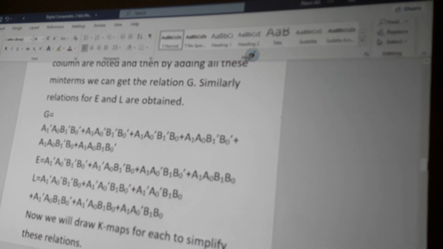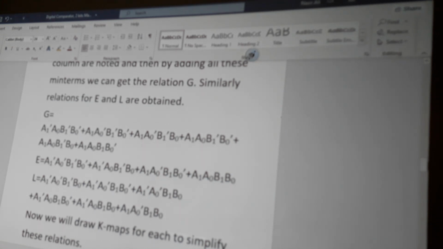Then we will write relations for G, E, L. If we want to write the relation for G, we will see the column of G, and corresponding to each one in this column, we will write the min term.